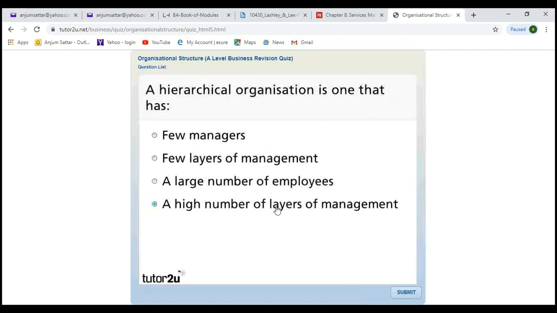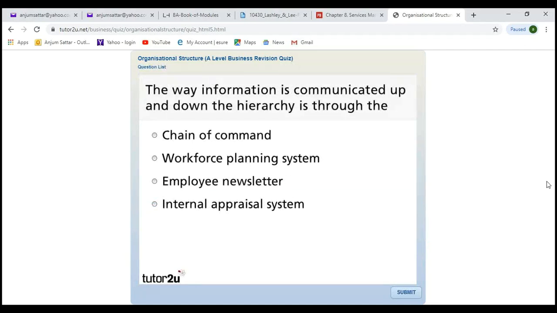Well done, correct. Okay. Two-way information is communicated up and down the hierarchy through what we call a chain of command. Well done, correct.